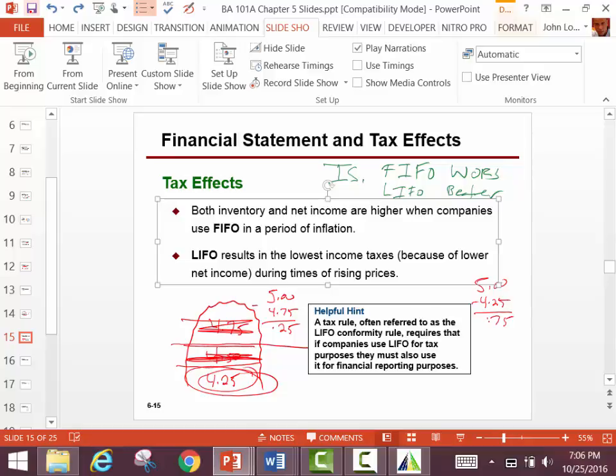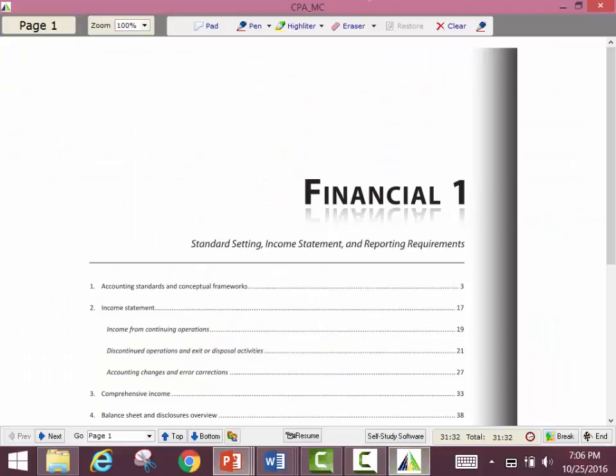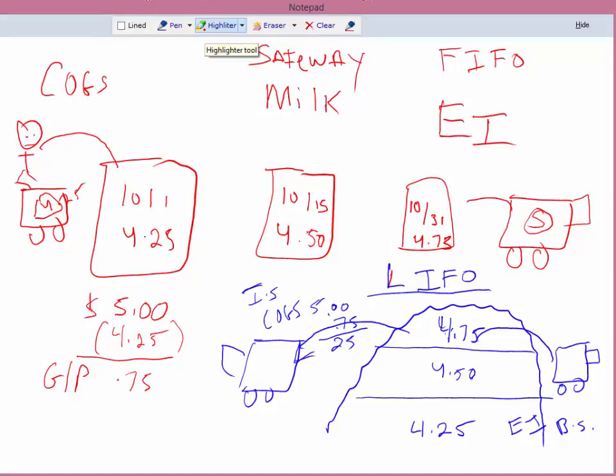So LIFO is giving us a funky look on the income statement, aren't they? Meanwhile, if we look at FIFO, FIFO is worse from the income statement accuracy standpoint, because what's going into cost of goods sold?